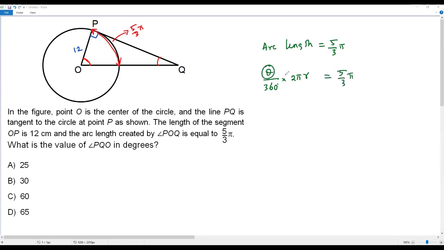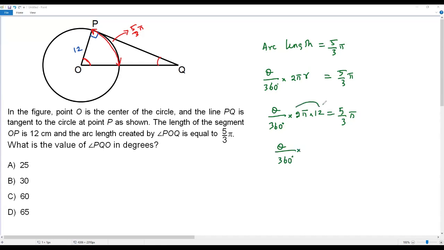Here theta is the central angle, which is nothing but the angle measure POQ, that's not known. So let's keep theta and 360 degrees as they are, theta over 360 degrees times 2 pi r, where r is the radius. We know the radius is 12 centimeters. We can plug in 12 for r over here. Then we get 5/3 times pi.